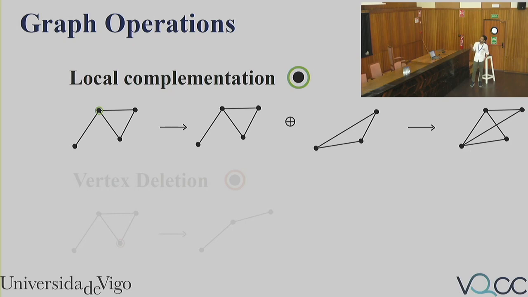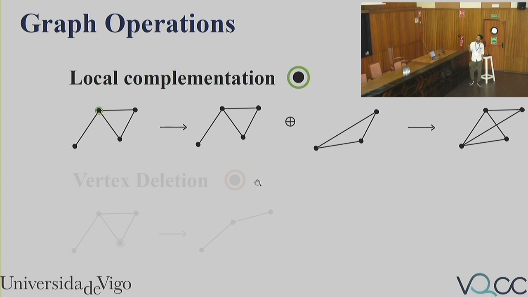So what we are essentially doing is combining this graph with the complete graph on the neighborhood vertices. What I'm representing here is a modulo addition. If there is an edge in the original graph, we'll remove it, and if there is not an edge, we'll add it. So in the original graph, there is this edge here, but in the complete graph there is also an edge. So we'll remove this in the final graph. And likewise, we can obtain the local complementation with respect to this vertex.